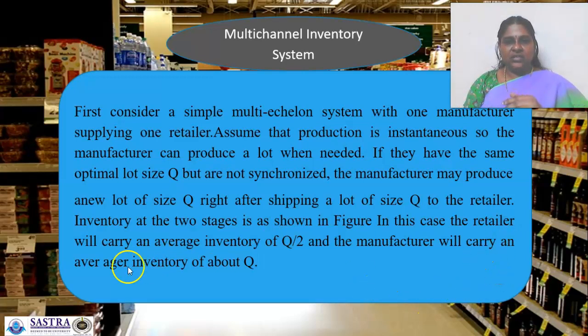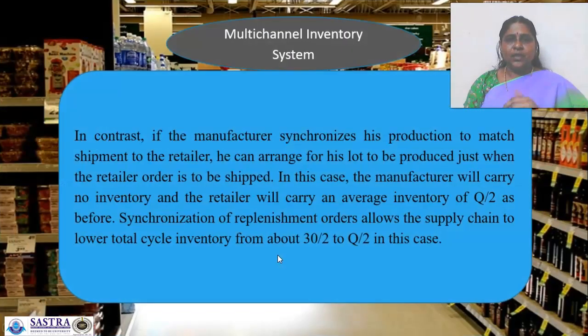In this case, the retailer will carry an average inventory of Q by 2 and the manufacturer will carry an average inventory of about Q. In contrast, if the manufacturer synchronizes his production to match shipment to the retailer, he can arrange for his lot to be produced just when the retailer's order is to be shipped.